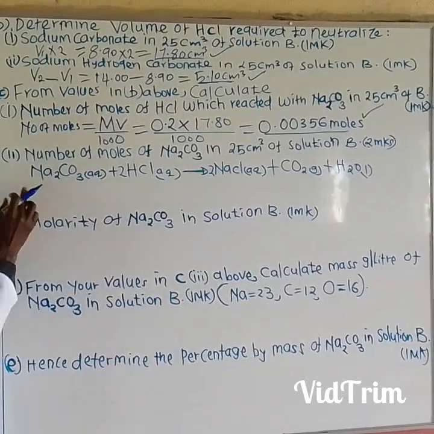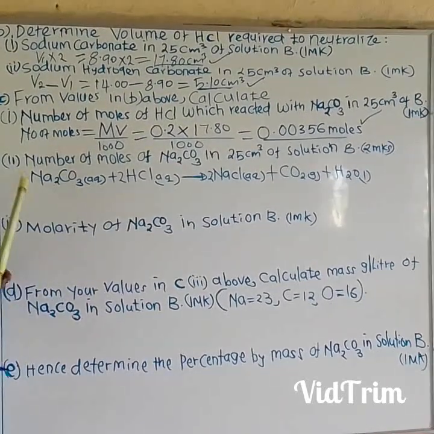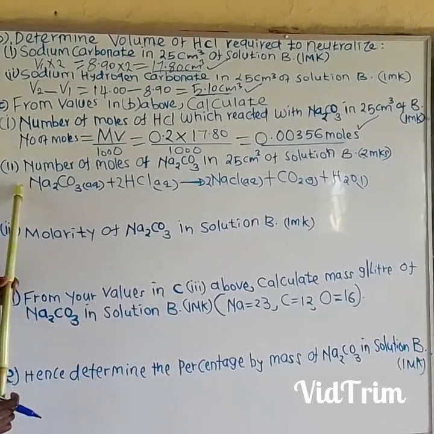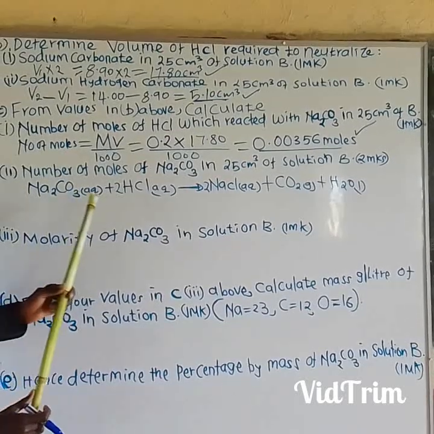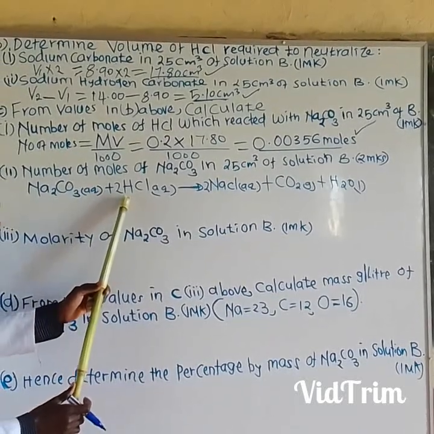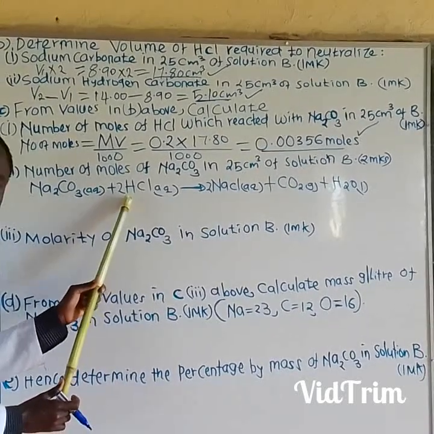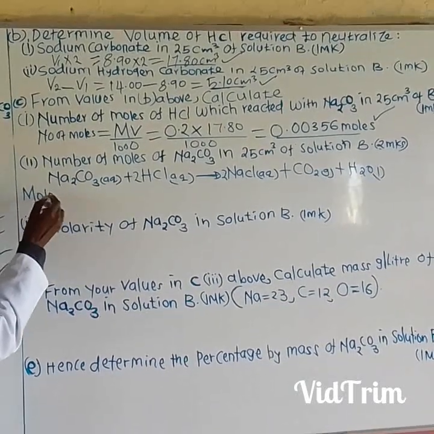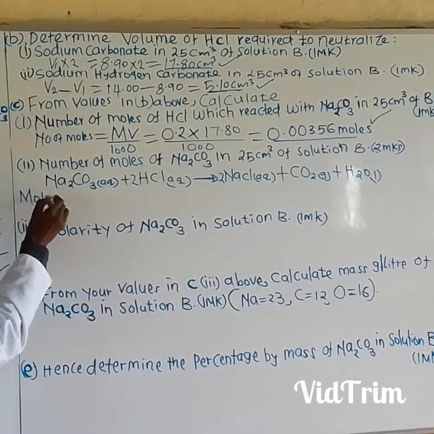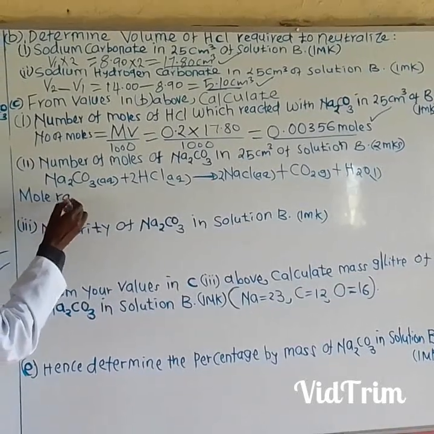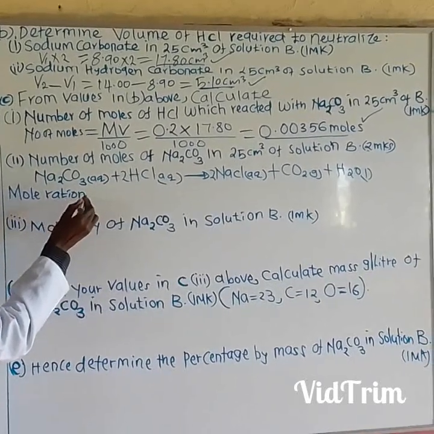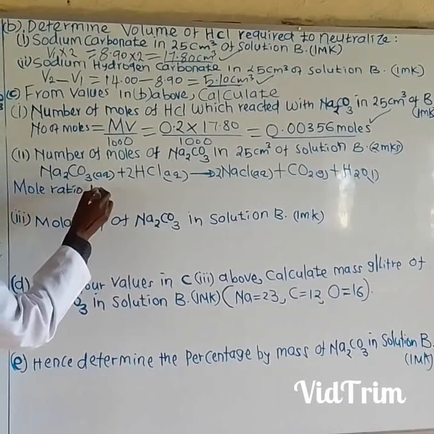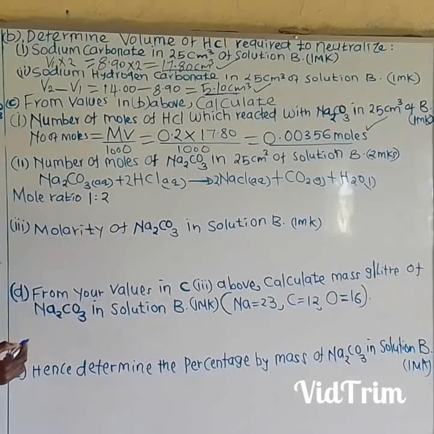Then the mole ratio between the carbonate and the acid is 1 sodium carbonate reacting with 2 moles of hydrochloric acid. So the mole ratio between the carbonate and the acid is 1 to 2. Is it okay?